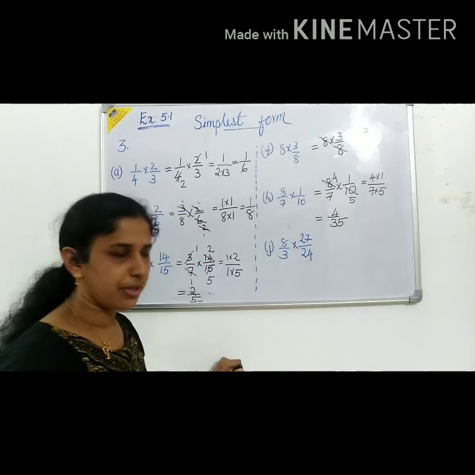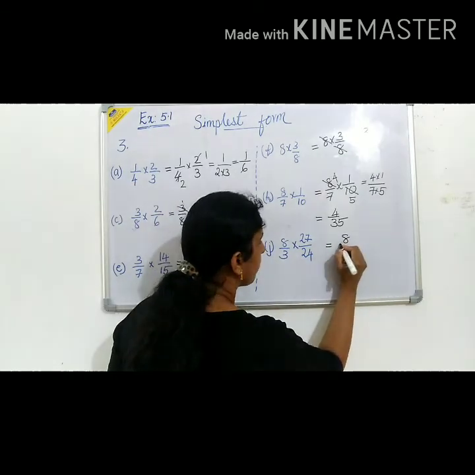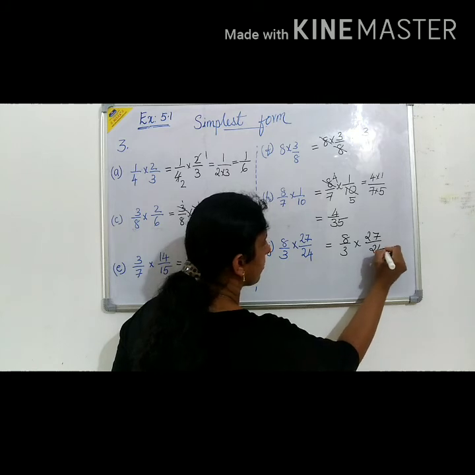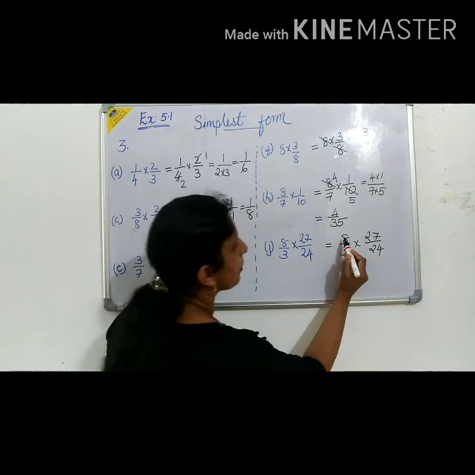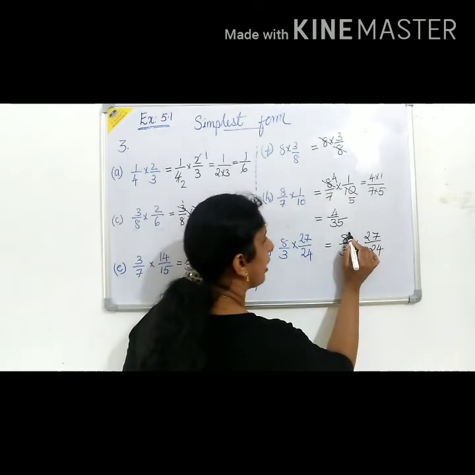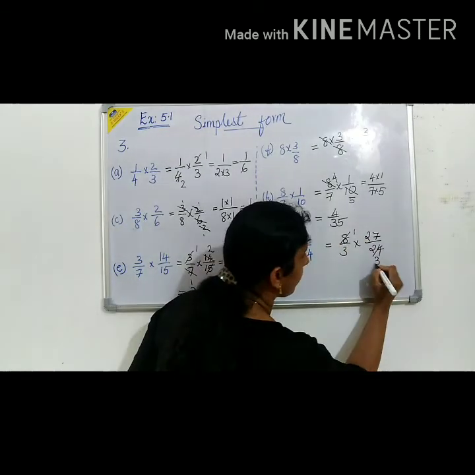Okay, now we are coming to question number J. This is equal to 8 by 3 into 27 by 24. Okay, so 8 and 24 both are divisible by 8 itself. So 8 by 8 become 1, 24 by 8, 3.